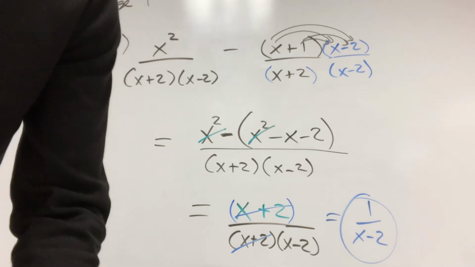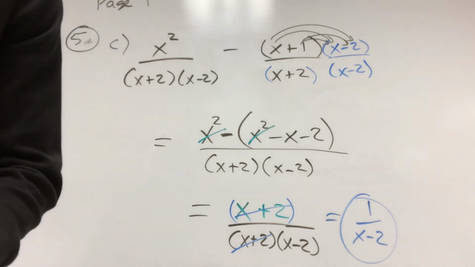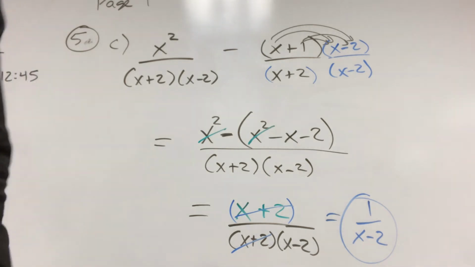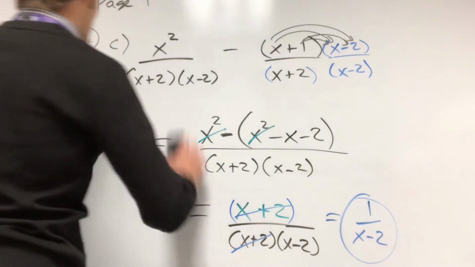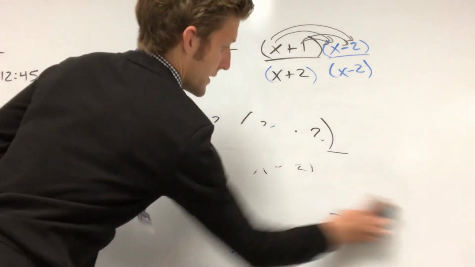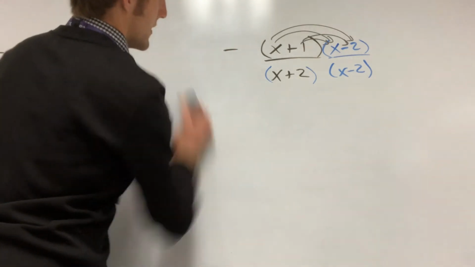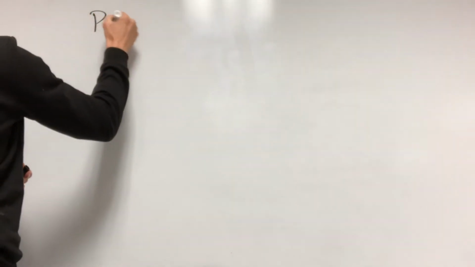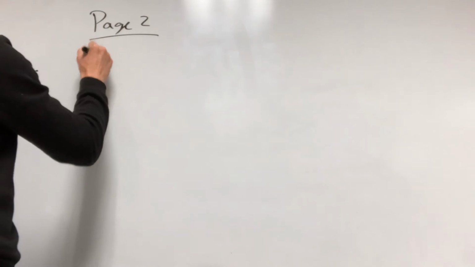Okay, so let's go to 6B, rationalize the expression and simplify. We're now on page 2.